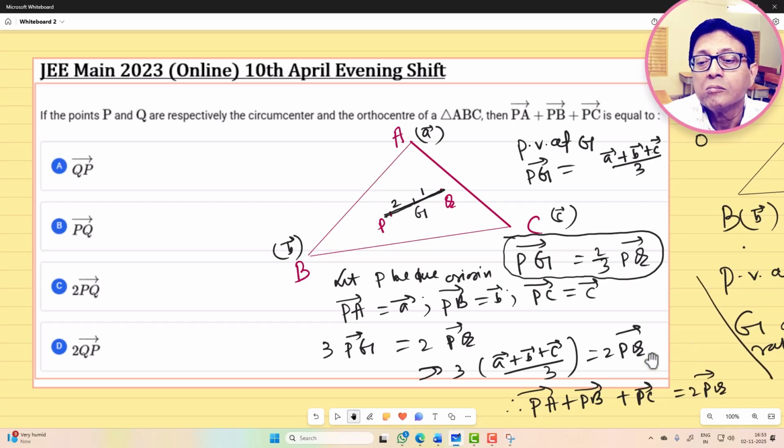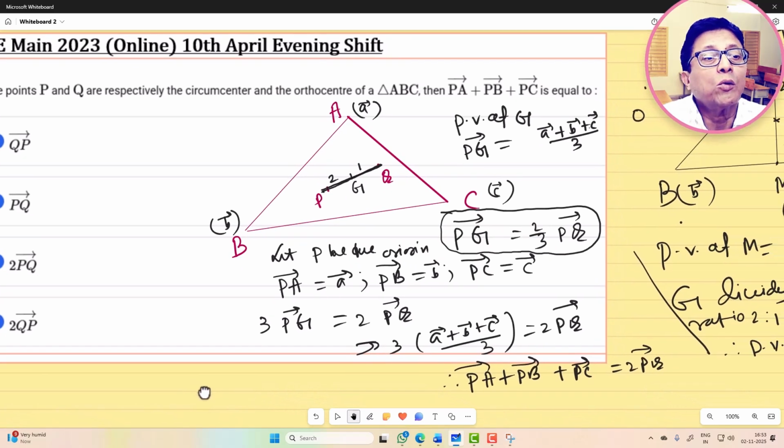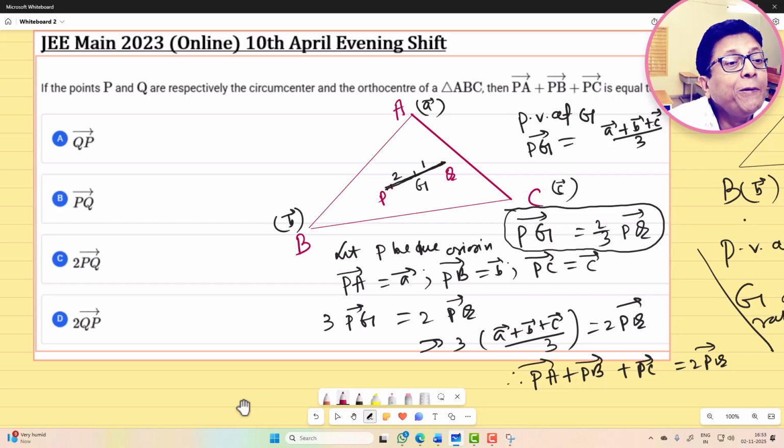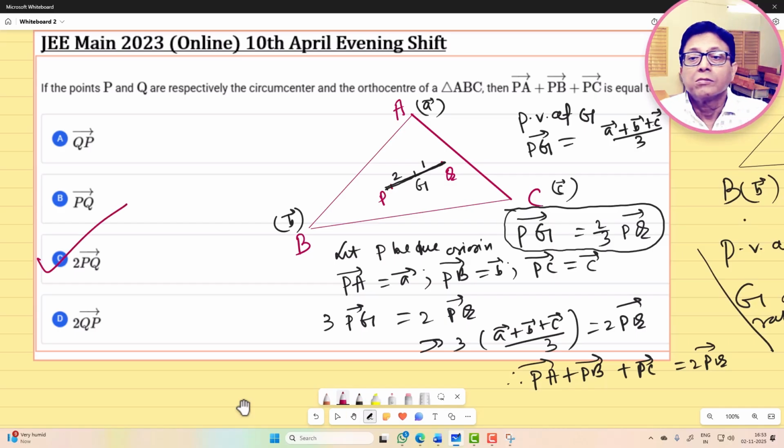Okay? So easily it has come, which is 2PQ. But if you don't remember this relation, where the centroid divides the line segment joining the circumcenter and orthocenter in the ratio 2:1, you will be confused. Proving is almost impossible if you don't use the relation. Okay?